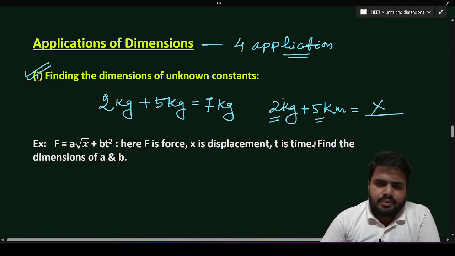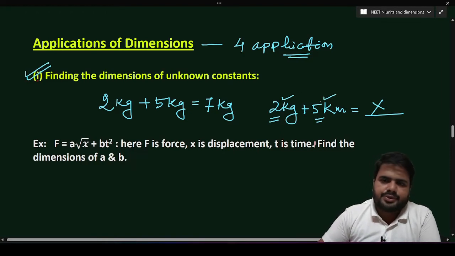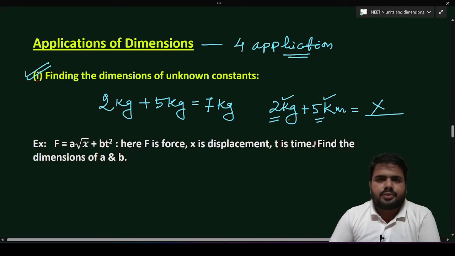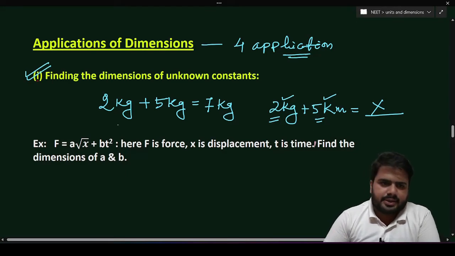They belong to two different dimensions, mass and length, so they cannot be added. Similarly, they cannot be subtracted. Here 2 kg is mass and 5 kg is also mass, so I have added two masses to get another mass.